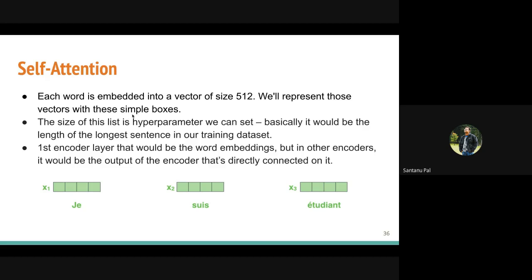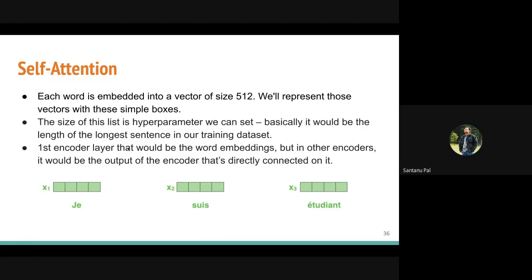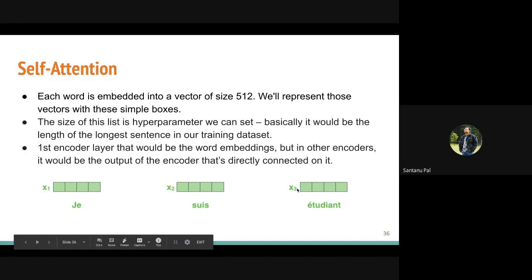These are vectors, and each word has a dimension of 512. It is a hyperparameter, and the size of this list can be set. And x1 to x3, the length is based on your sentence length, so from x1 to xn.